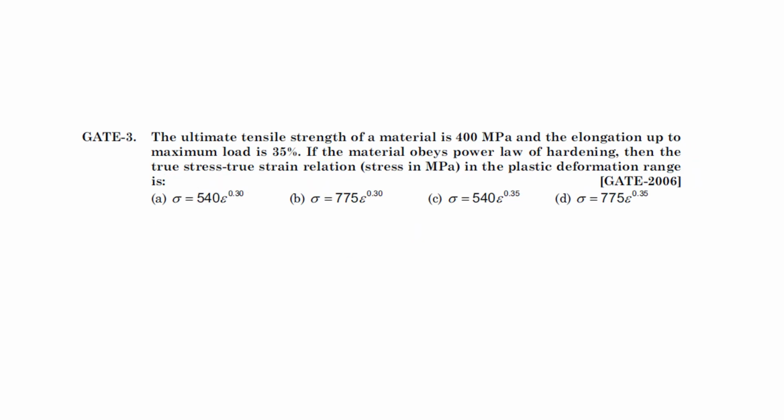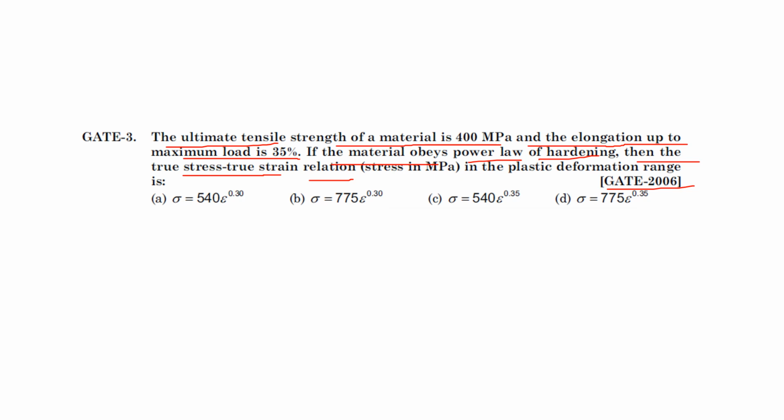Okay, next question. It is a question of GATE 2006. What is it saying? The ultimate tensile strength of a material is 400 megapascal and the elongation up to maximum load is 35%. If the material obeys the power law of hardening, then the true stress-strain relation. They are saying the elongation is a maximum of 35% and the UTS is given. So what will be the plastic deformation relation? Which one will be the answer?